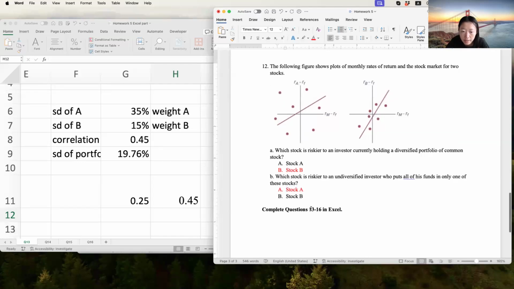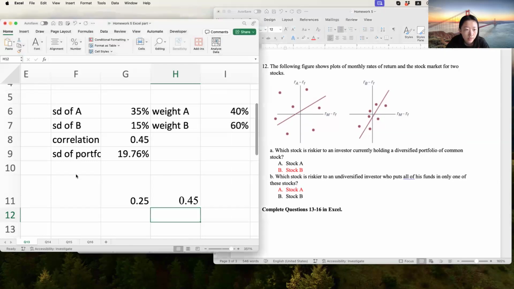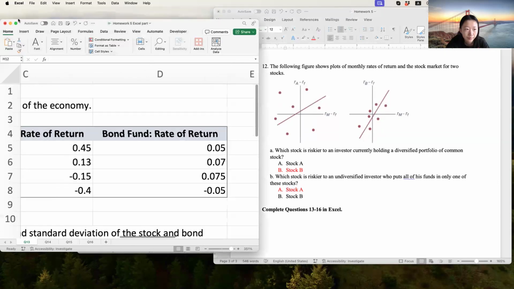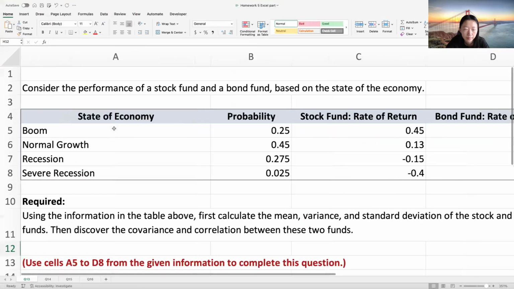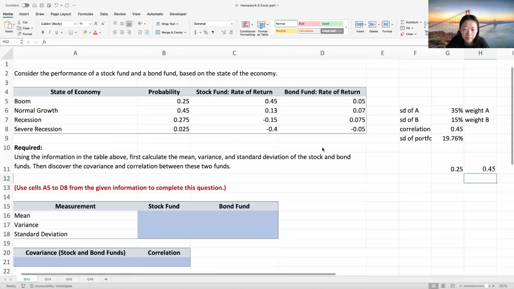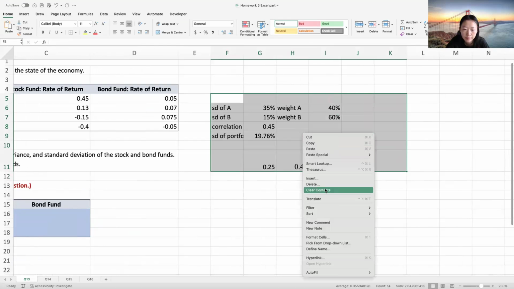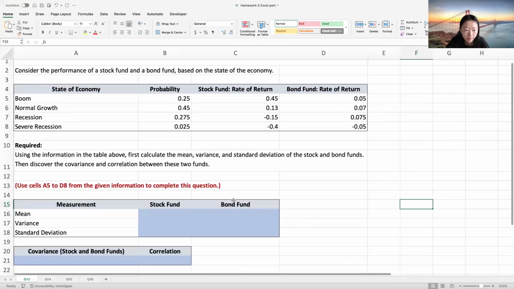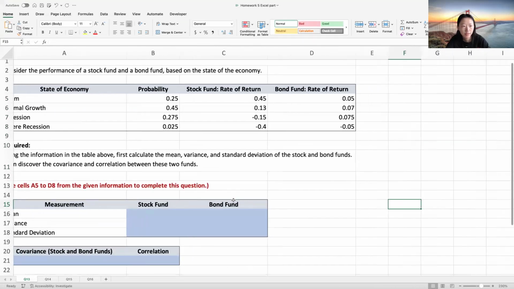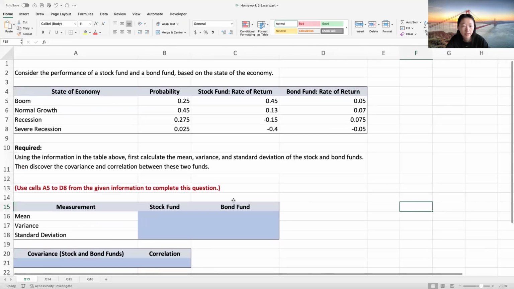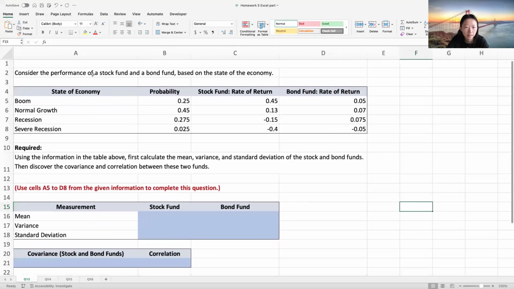Okay, then let's move on to the Excel questions, 13 to 16. I'm going to clear this part. First question: consider the performance of a stock fund and a bond fund based on the state of the economy.